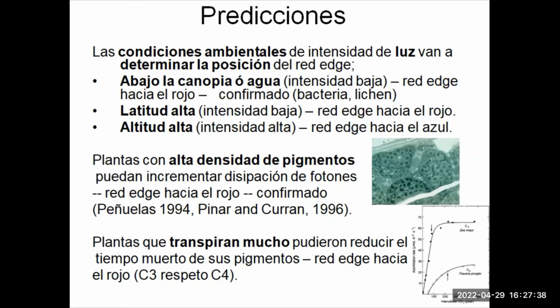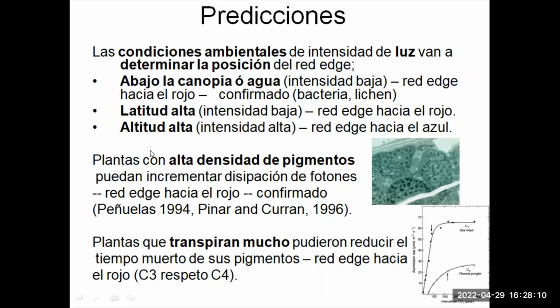So now we can make some predictions. One of the predictions is that the red edge is going to depend on the environmental conditions, in particular, the intensity of the light. Because the more photons there are coming on the leaf, the less towards the red edge they're going to be absorbing because of their finite limits.